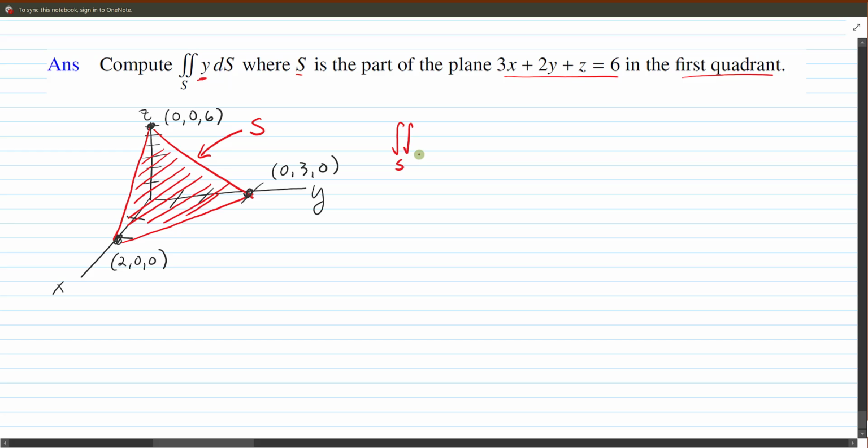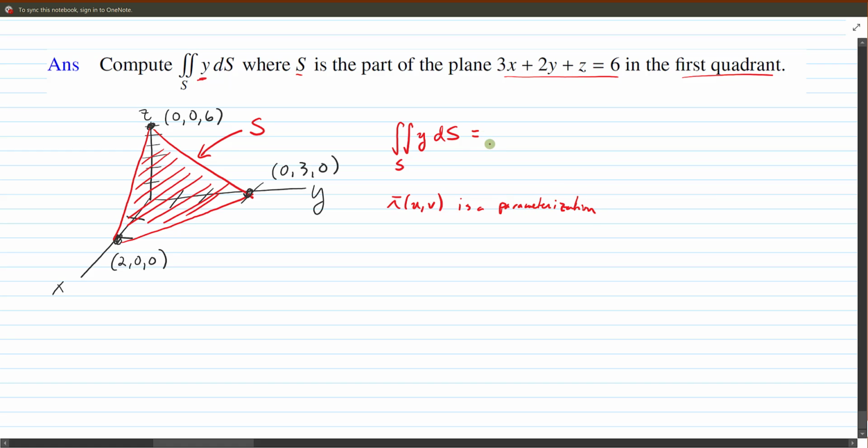So we've got the surface integral over the function y. And what can we do? Well, this isn't a very practical way to compute the surface integral, but suppose we have some r of uv is a parameterization.